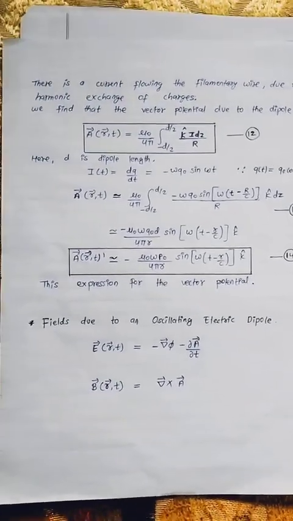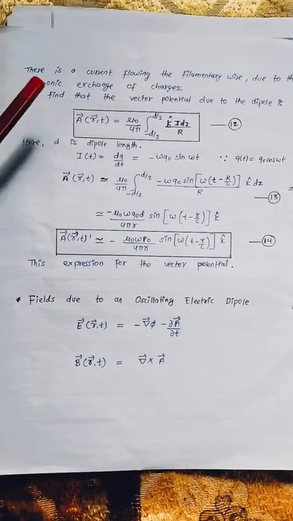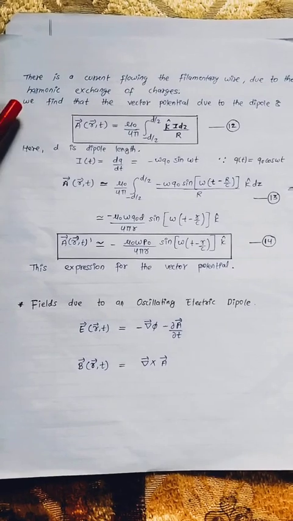Then there is a current flowing in the filamentary wire due to the harmonic exchange of charges.